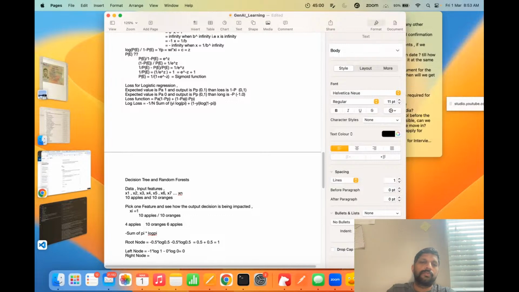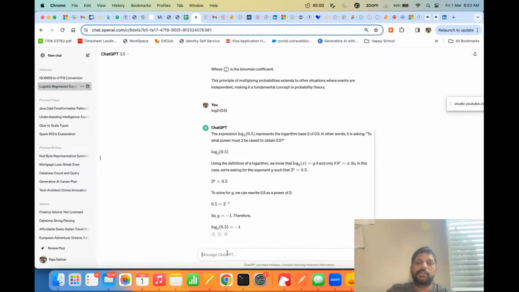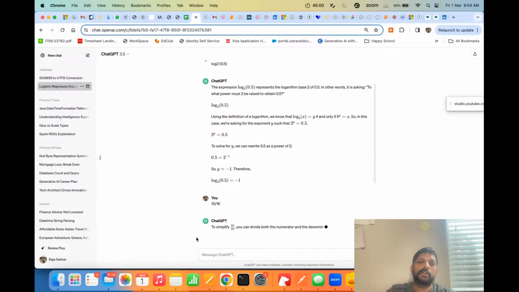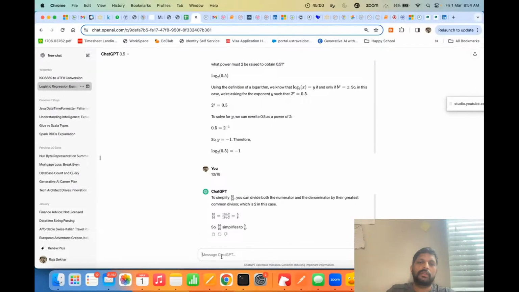For the right node, the probability of oranges is 10 by 16, which is 5 by 8, so 0.625.